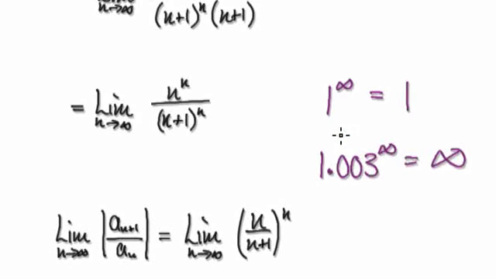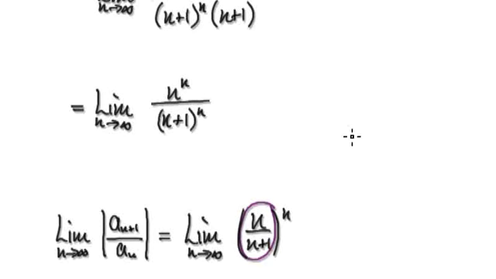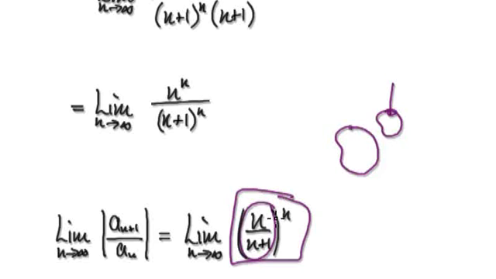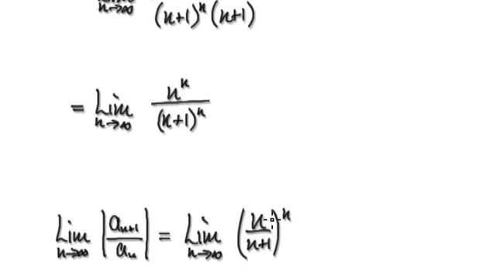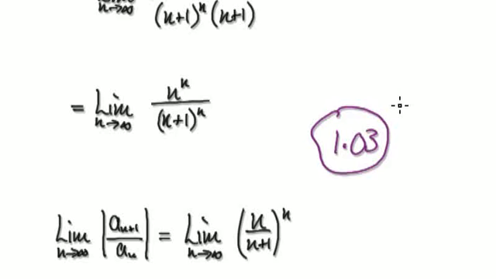So if you have something like 1.03 to the power of something that gets bigger and bigger to infinity, you can conclude that this will head towards infinity.